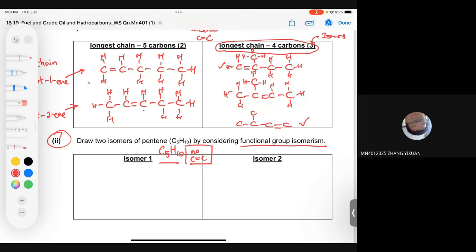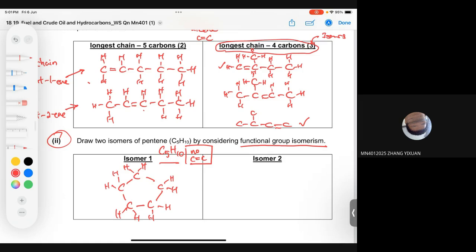So in order to not have a C double bond C, but yet still have C5H10, this is the first isomer. You can see this is cyclical, like a pentagon shape.